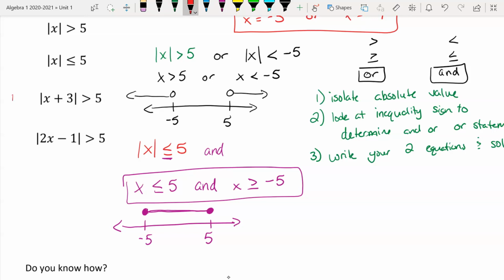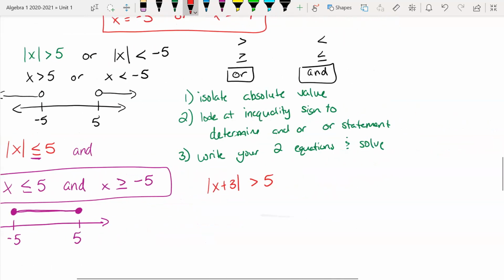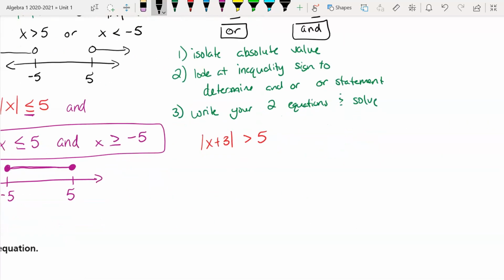So I want you to look at these next two that I just labeled 1 and 2 and think about what you have to do here. So I have the absolute value of x plus 3 is greater than 5. First step is to isolate the absolute value. Is the absolute value by itself on one side of the equation? Well, yes. The absolute value of x plus 3 is by itself on the left-hand side. So now you're going to look at the inequality sign.